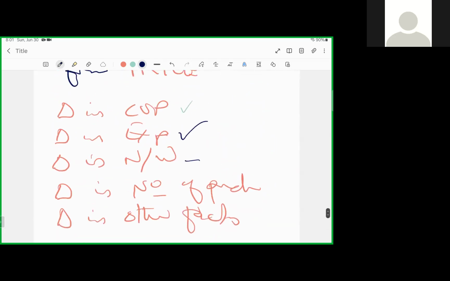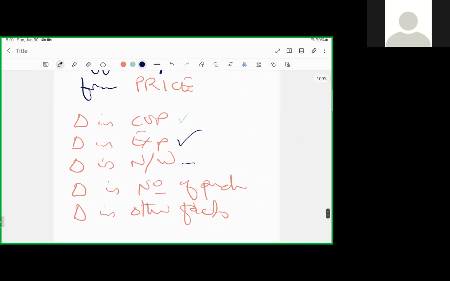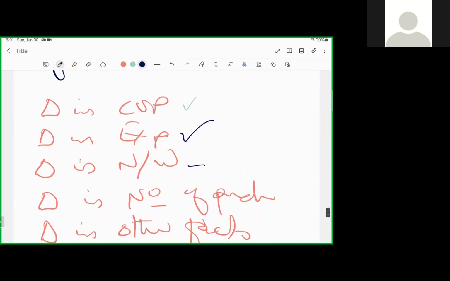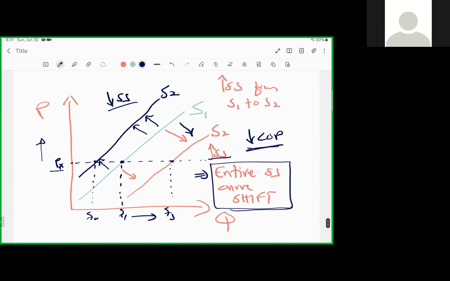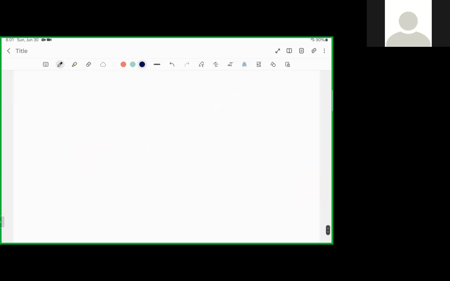So if we listed 5 factors affecting supply, and the first one is the price of the good, then when that price changes, we expect the quantity supplied to change. But when there is a change in any of the other 4 factors, apart from price, we expect the entire supply curve to change.